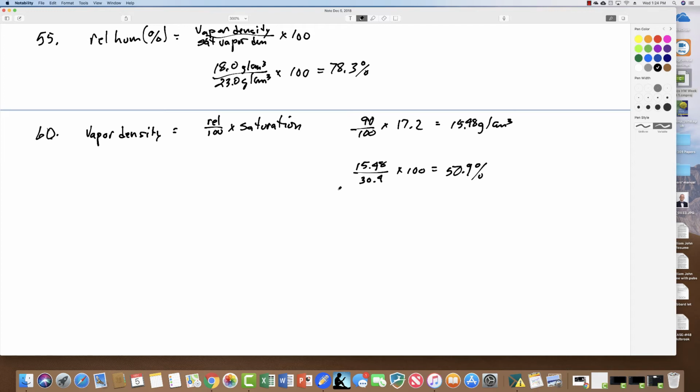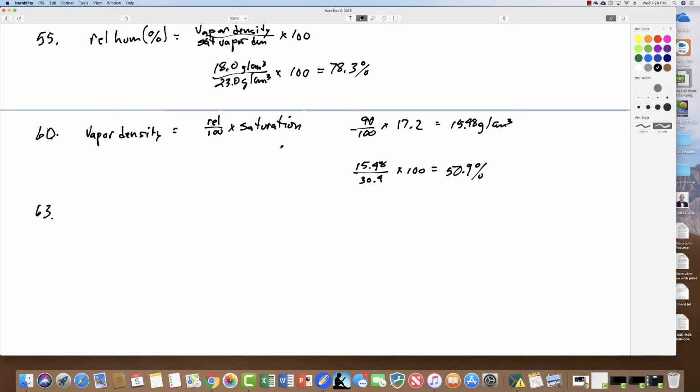And then the last problem, problem number 63: what is the dew point, the temperature at which 100% relative humidity would occur, on a day when the relative humidity is 39% at a temperature of 20 degrees? So what temperature would be the dew point, that is, where the same vapor density would represent saturation?